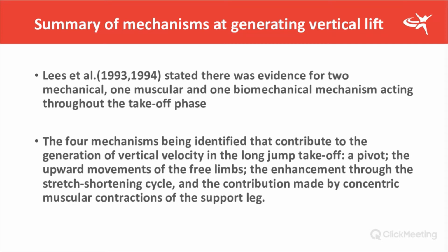And then of course concentric, as the muscle shortens, so exercises that traditionally coaches use to develop concentric muscle action. All four mechanisms contribute to the athlete generating vertical lift at takeoff, and we'll look at that just now.